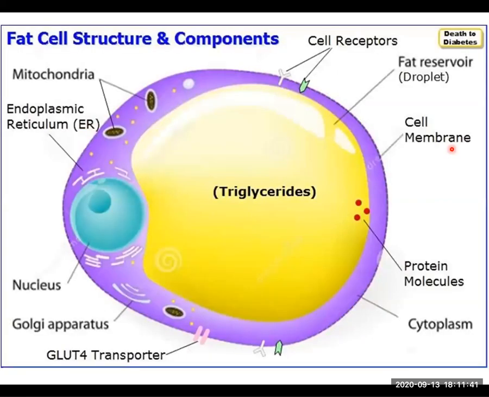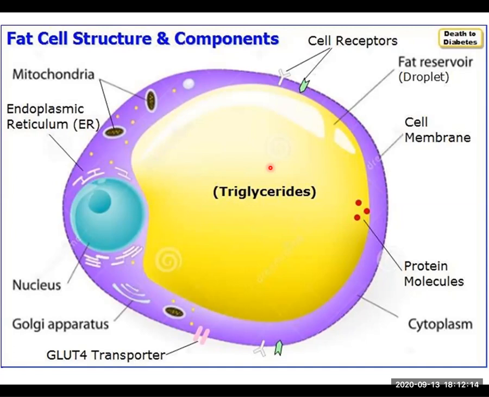Here I just show you that in the adipocytes, this is the fat cell, we have this GLUT4 transporter. This is an insulin-dependent glucose transporter. And one thing you need to know is that these adipocytes can convert the glucose into triglyceride. So this fat cell is very, very powerful.